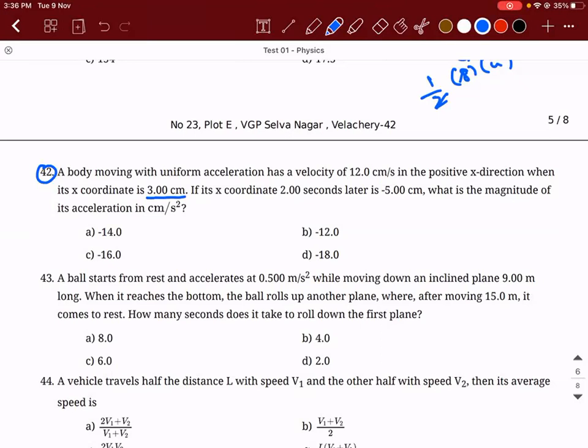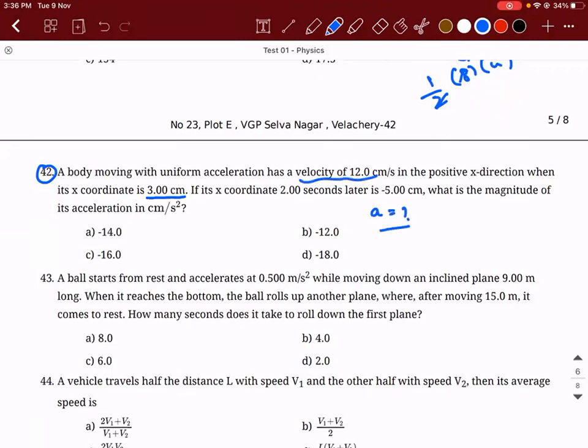How to solve this? So what is acceleration? That's what we need to find.